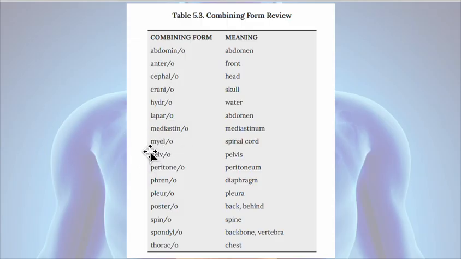Now, another one I want to highlight here is the distinction between the spinal cord and the vertebrae of the spine. So the spinal cord is the cord of nerves, or the tracts of nerves, that run from the brain down through the vertebral column.